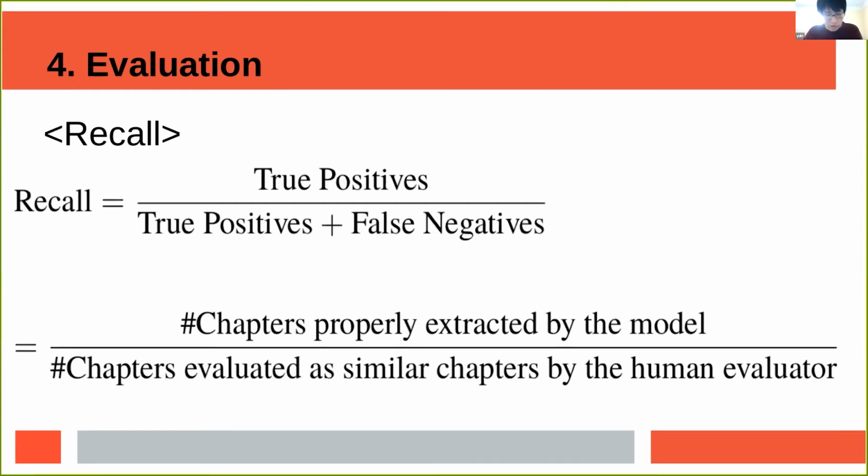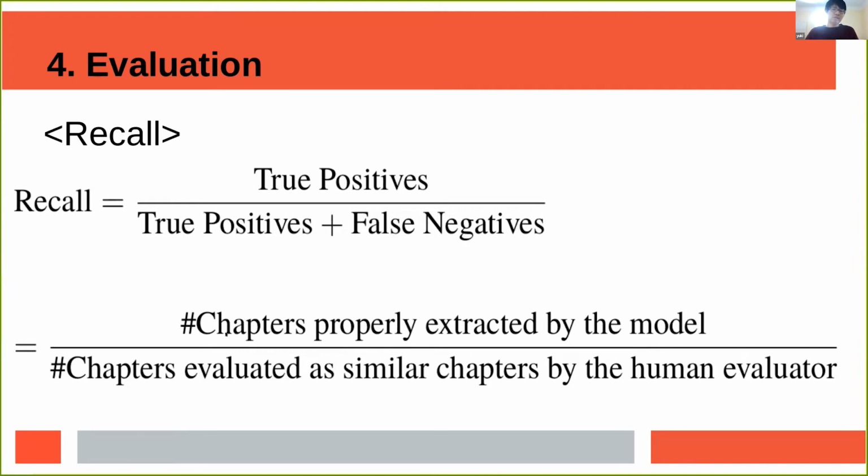The performance of the models is evaluated by the division of true positives by the addition of both true positives and false negatives. Here is the general formula. It's called recall. And this is the specific formula for the current case.